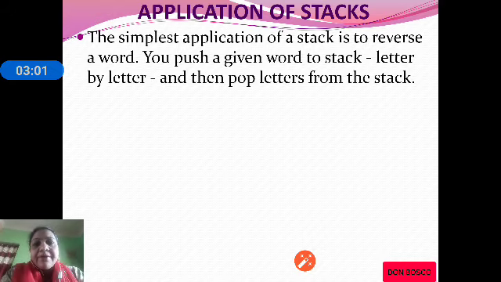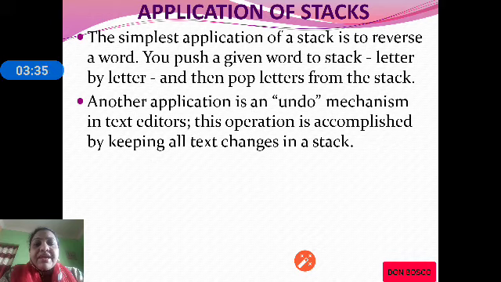Sometimes when you are working on a computer, by mistake you delete something or add something. Immediately we press Ctrl Z or undo. Undo means we cancel the last action we did. So the most recent action you did, you can cancel by pressing undo.